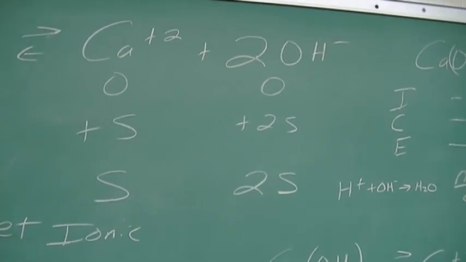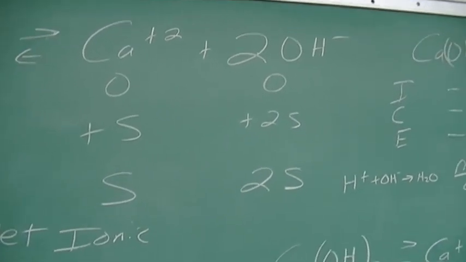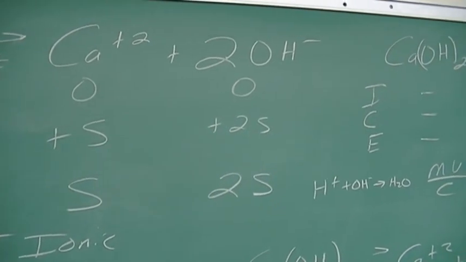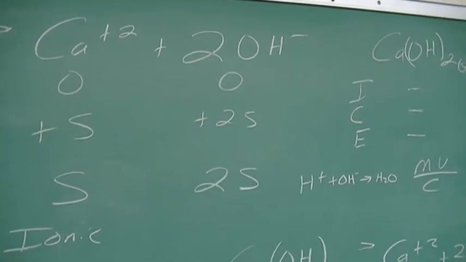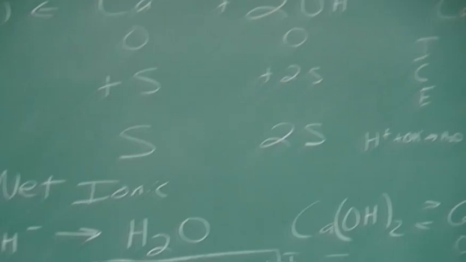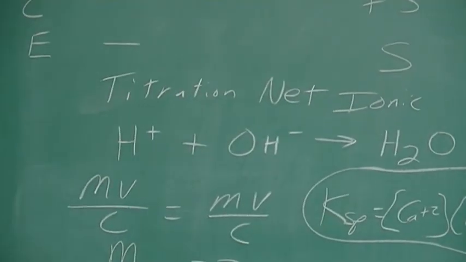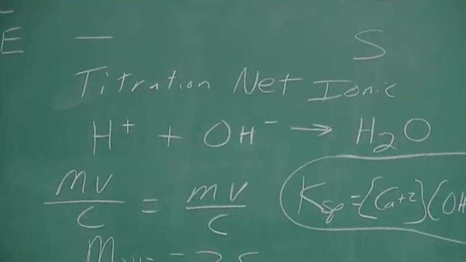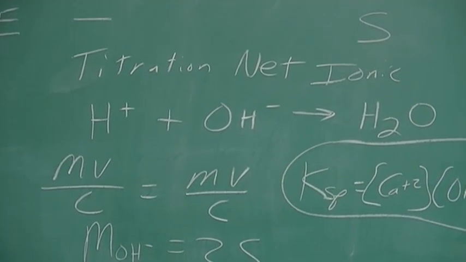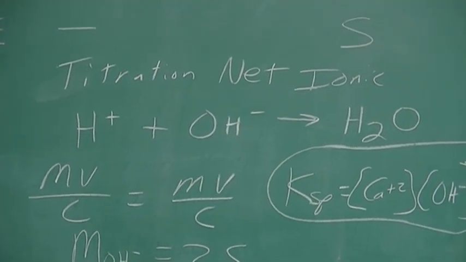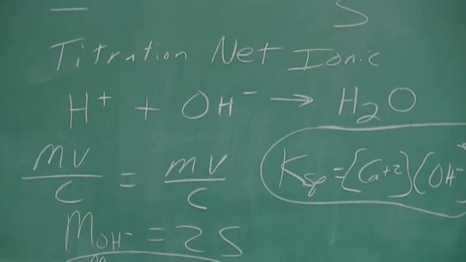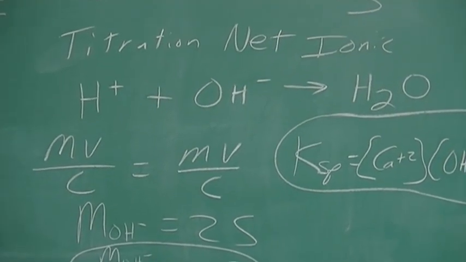All right, so now we did a titration. So we had collected our OH minus, and then we did a titration with our HCl. For our titration, the net ionic for the titration, we did not titrate solid calcium hydroxide. We filtered it, and we only titrated our OH minus.